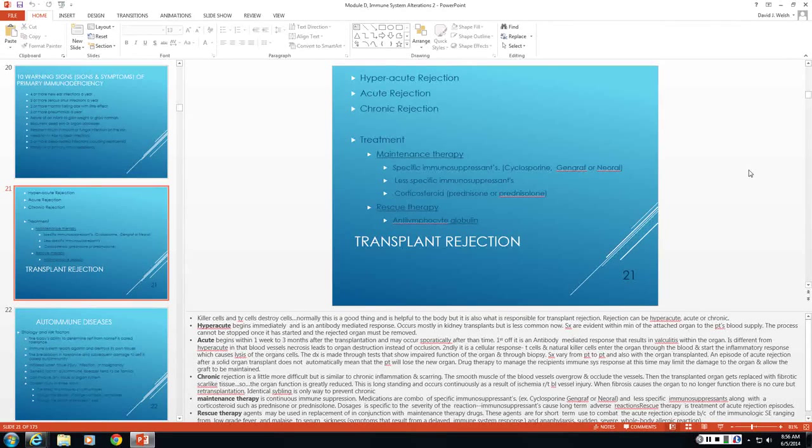Now, acute usually begins a week to 3 months after the transplantation, and may occur sporadically after that time. First off, it's an antibody-mediated response that results in vasculitis within the organ.